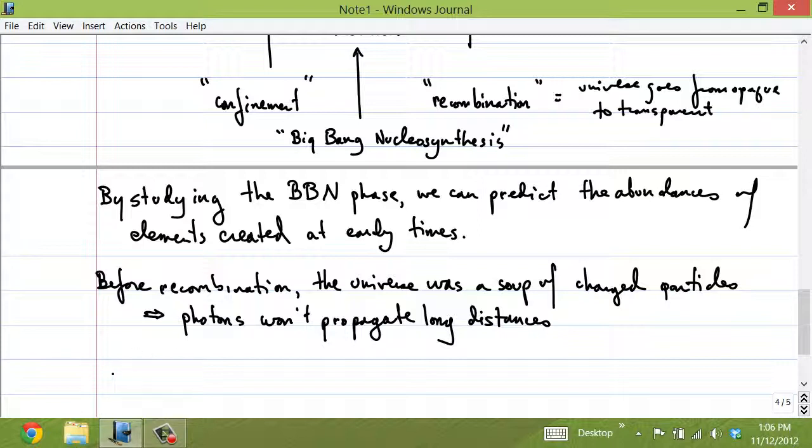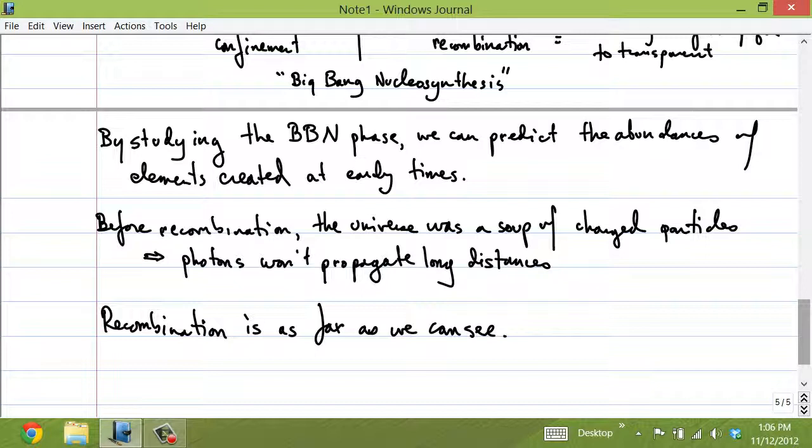So the recombination is as far back as we can see using light. So in particular, if you lie on your back and you look up at the night sky, then as you look at very distant objects, you're also looking backwards in time. But you'll never see farther back in time than the time of recombination, because before that, light couldn't propagate very well.